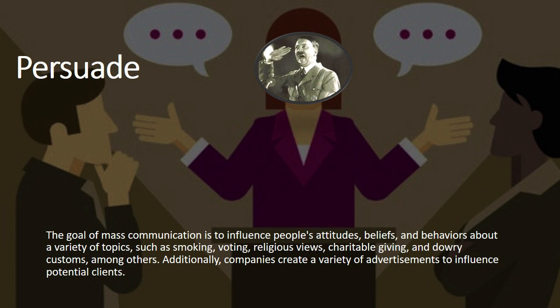To influence the target audience, again comes the role of mass communication to persuade, to influence, to make them believe. This behavioral attitude of a particular individual is also shaped by mass communication.